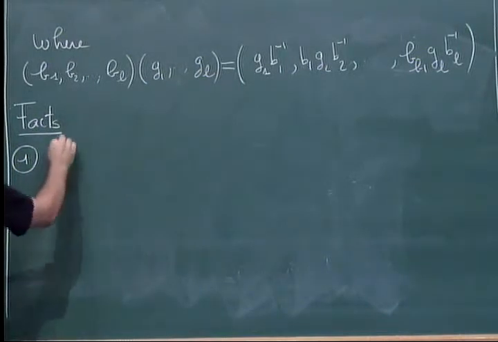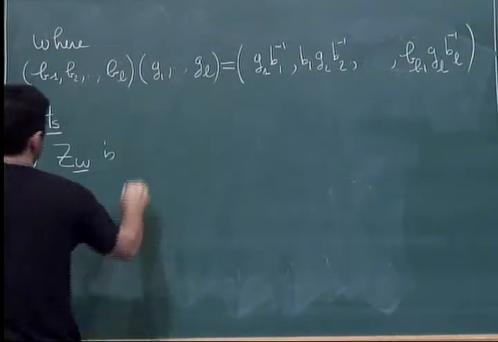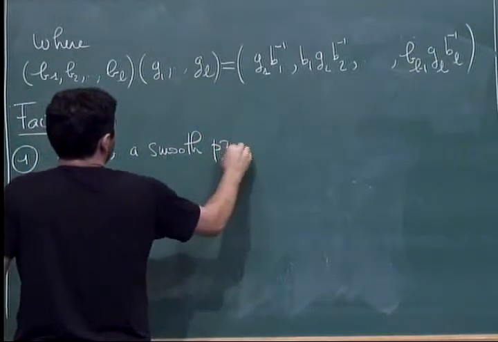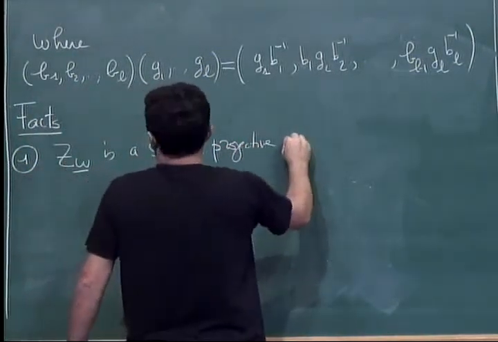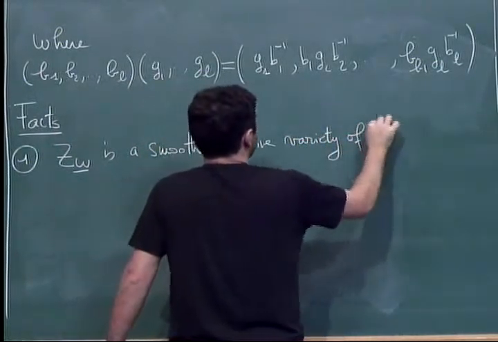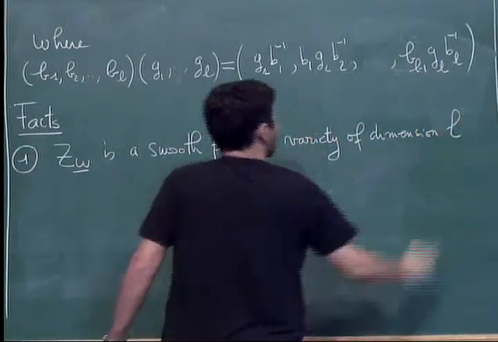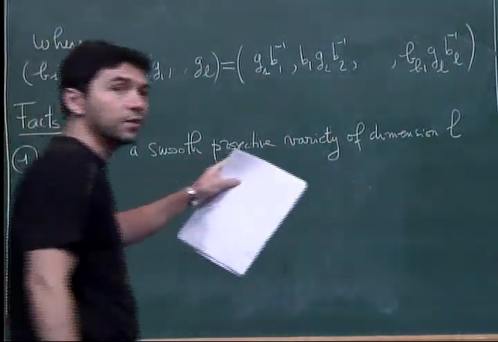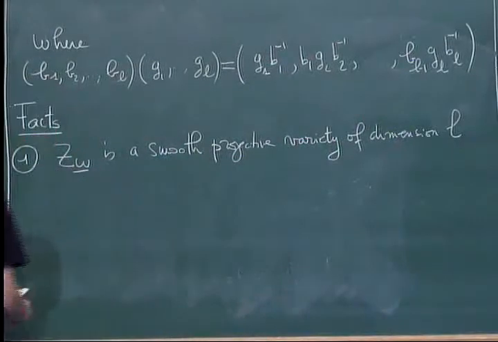These varieties are smooth projective varieties of dimension L. Maybe I forgot to say that the dimension of the Schubert variety, at least the Schubert cell, is exactly the length. Okay, so these are the same dimension.